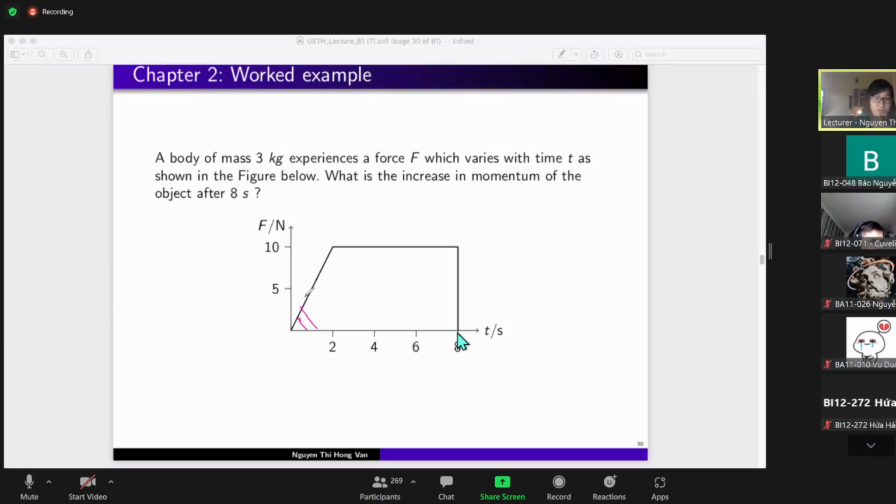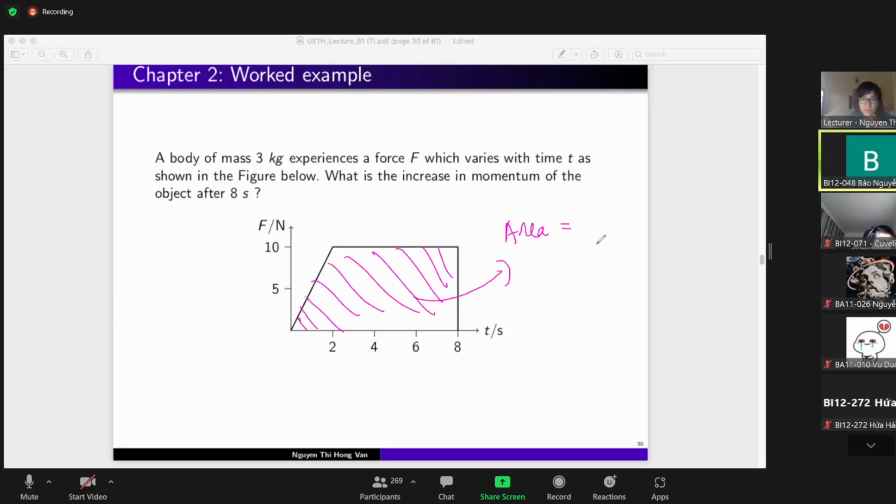Very good. From 0 to 8. So it's the area of this. And the area is equal to one half the height multiplied by this one plus this one.